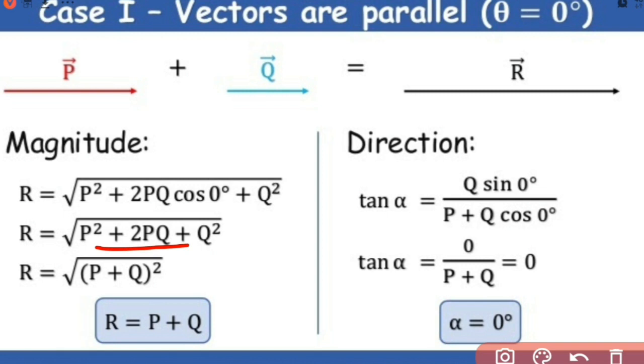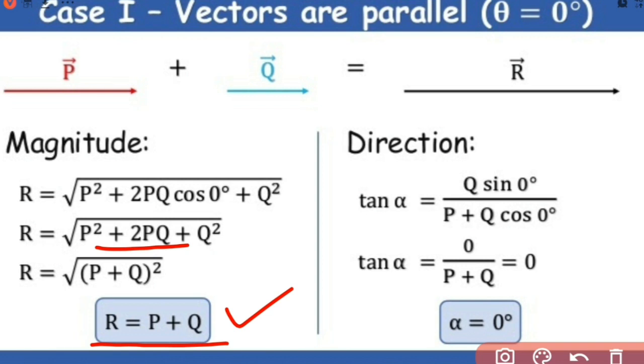So it is root of P plus Q whole square, or simply R is equal to P plus Q. So if the two vectors are parallel to each other, or if they are in the same direction, the magnitude of the resultant is just the sum of magnitudes of the two vectors, that is R is equal to P plus Q.